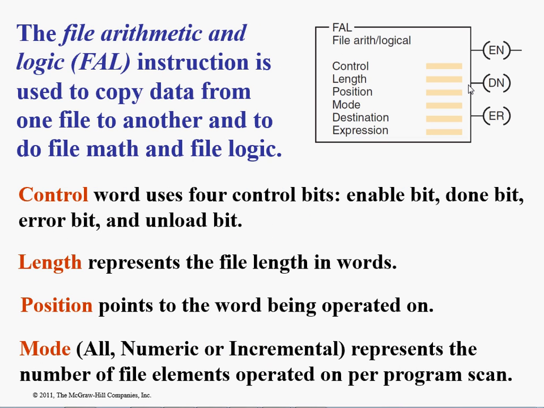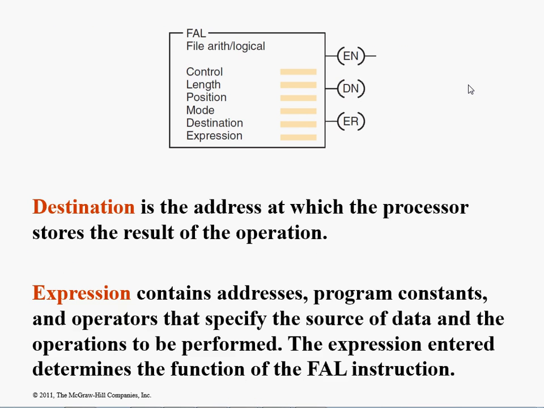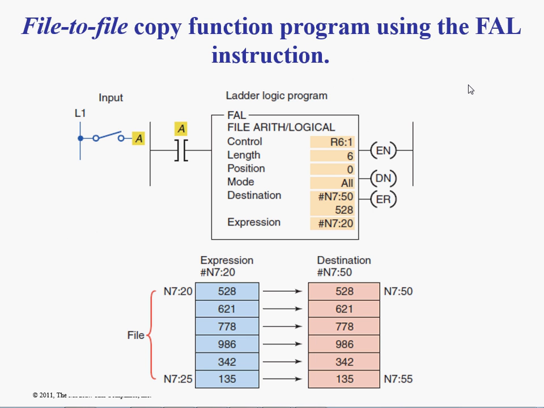What are they talking about? File, math, file. See, you've got the place for the expression. If I were to put a math expression in there, it would do some multiplication or division or whatever.